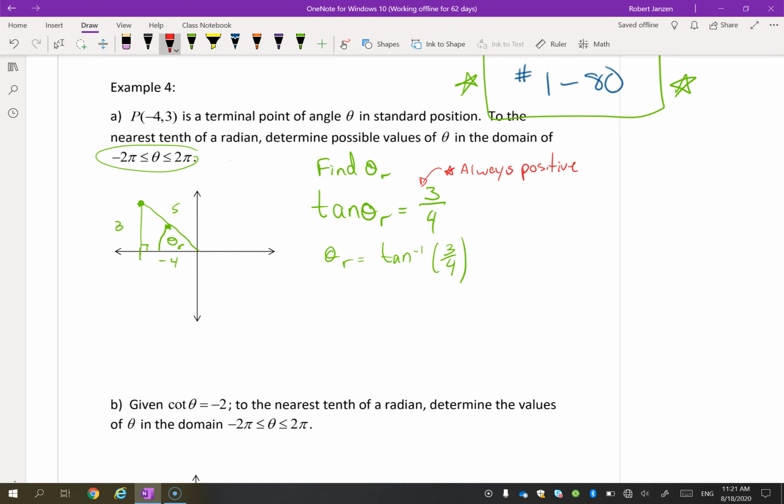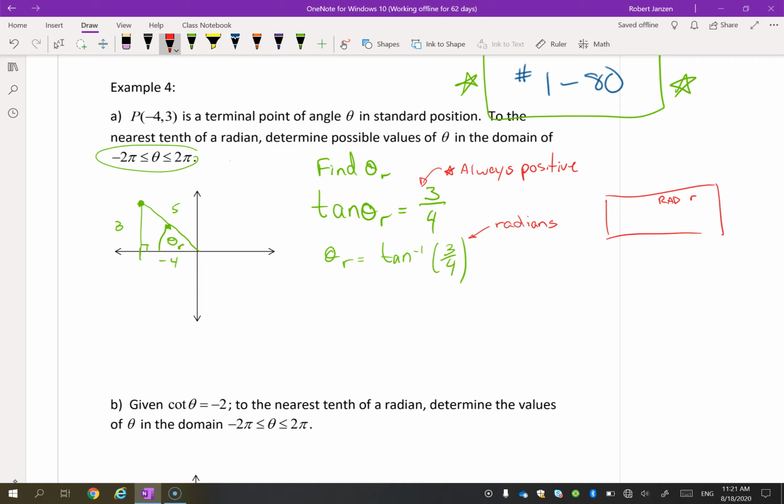Now, before you grab your calculators, there's something else different here. We're finding this in radians, so you need to change your calculator into radians. How do you know if it's in radians? On the screen of your calculator, it's either going to say rad, or maybe it'll just say R. It's got to have one of those things on the display.